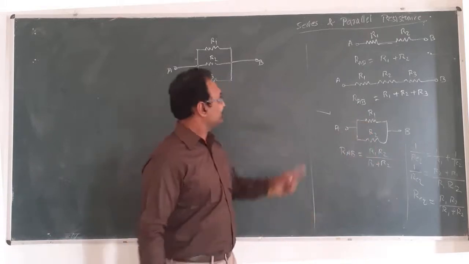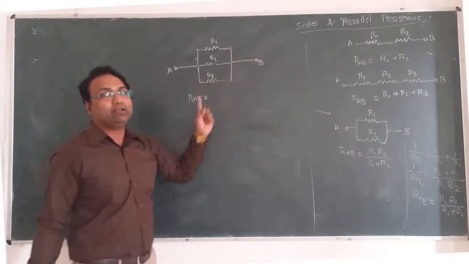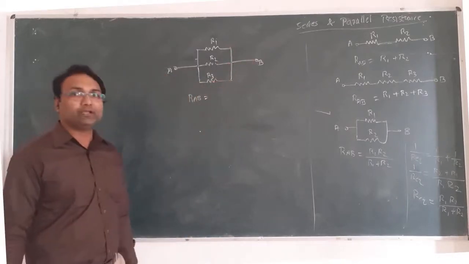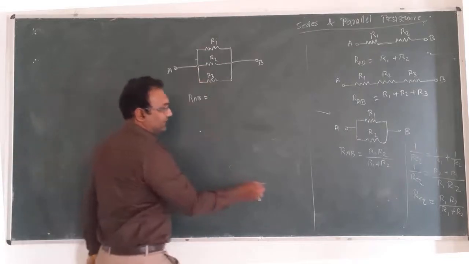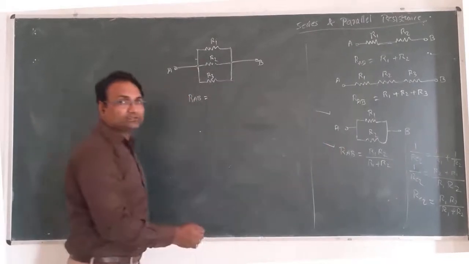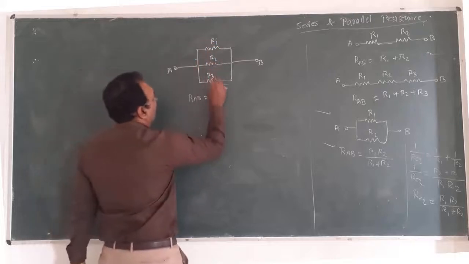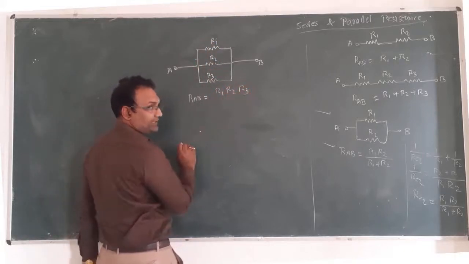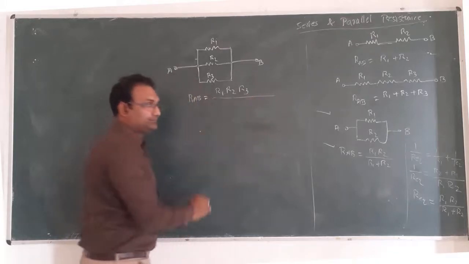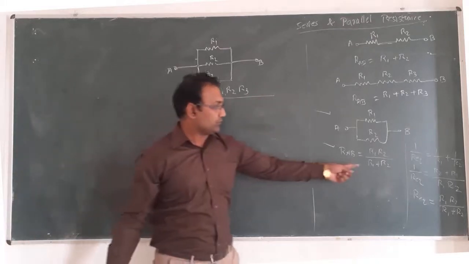Now if we consider three resistances connected in parallel, how are we going to calculate the equivalent resistance? In this case, again we can use a similar concept. So R1 R2 R3 divided by, what was here?